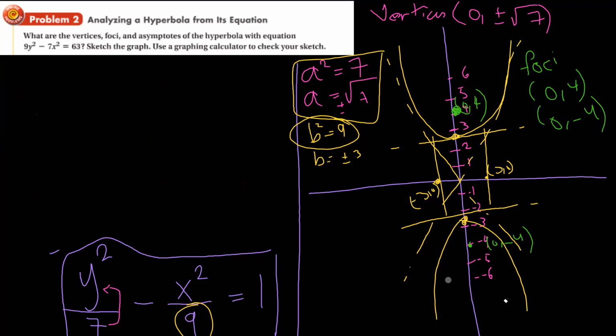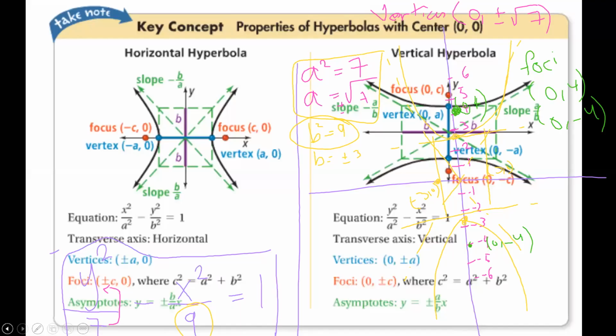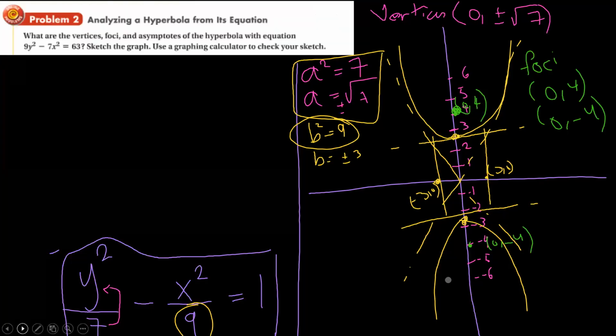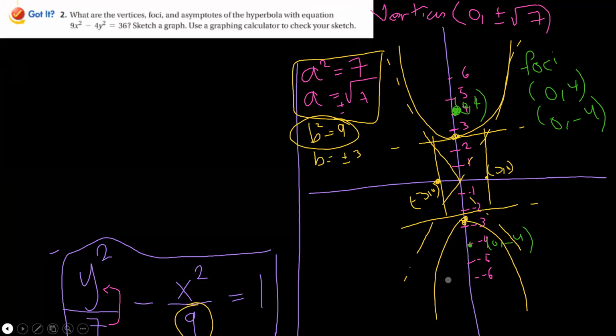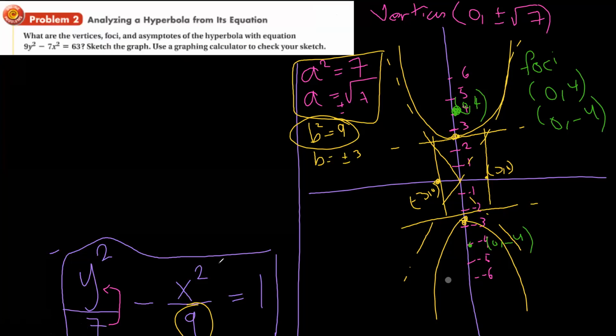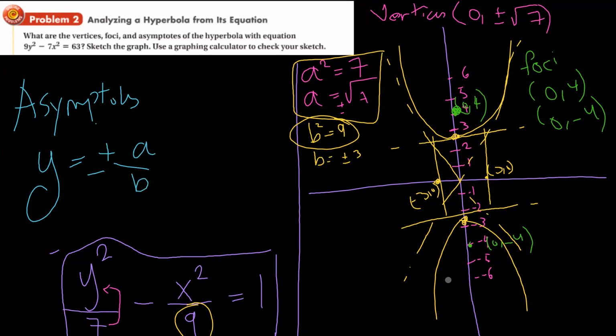Now, let's remember, in the vertical hyperbola, the asymptotes are y equals positive, negative, a over b, x.